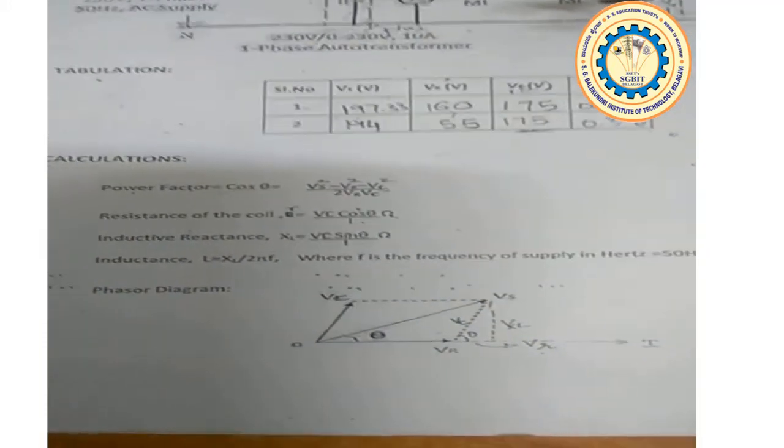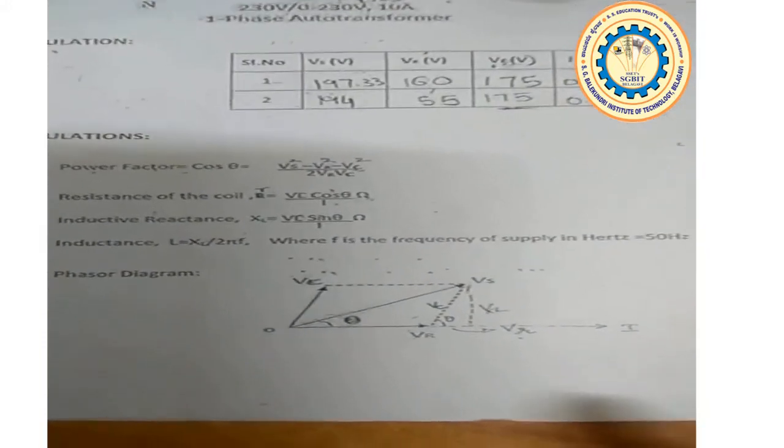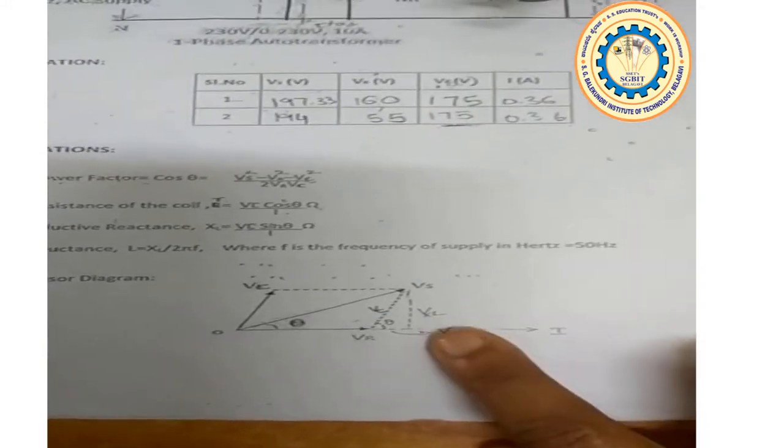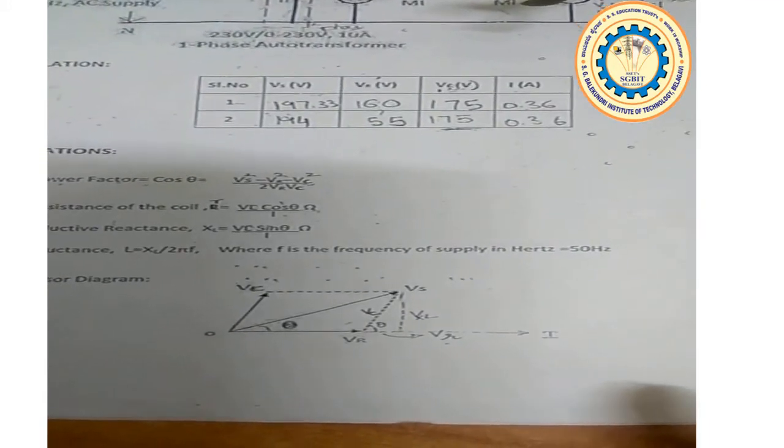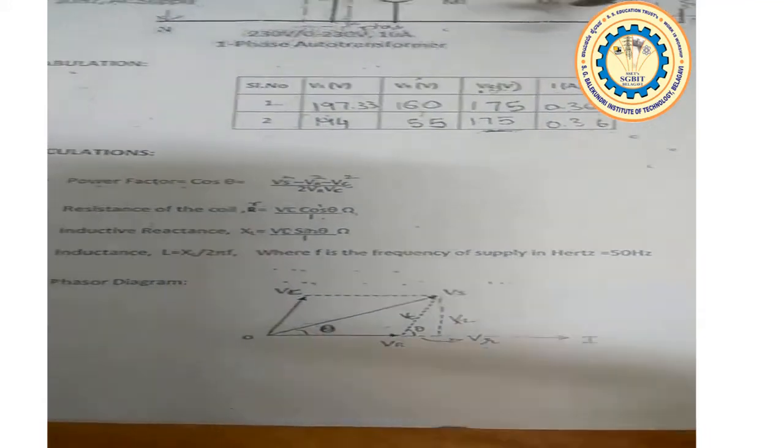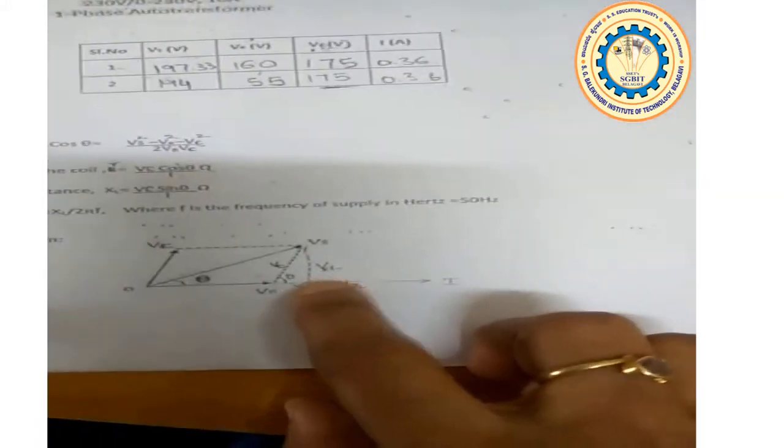resistance of the choke coil. Another method also exists, that is the phasor diagram method. Here we can use this phasor diagram, and in this phasor diagram we have two right angle triangles.